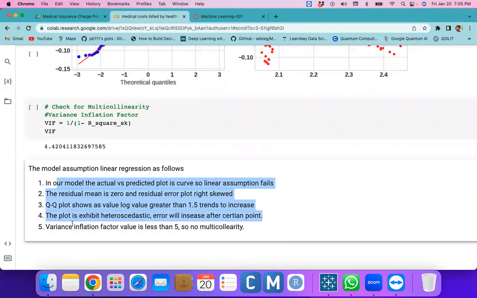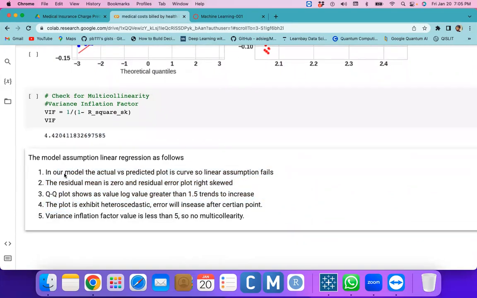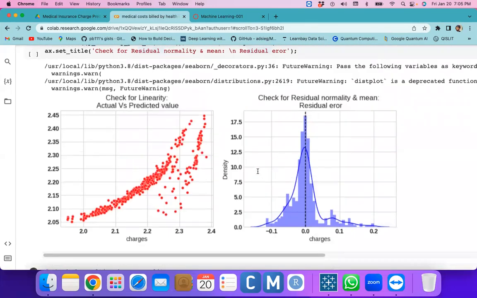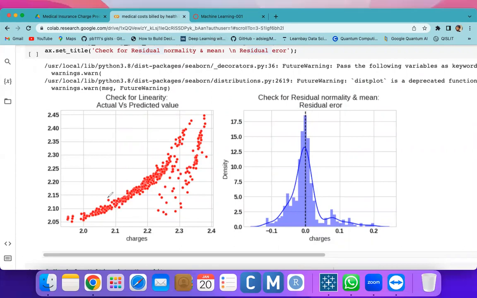Here I'm explaining which assumptions are followed. In our model, the actual versus predicted curve is not linear, so the linearity assumption fails. You just see here, there are two parallel lines, and here we have some data that is distributed like this. So it's not linearity.